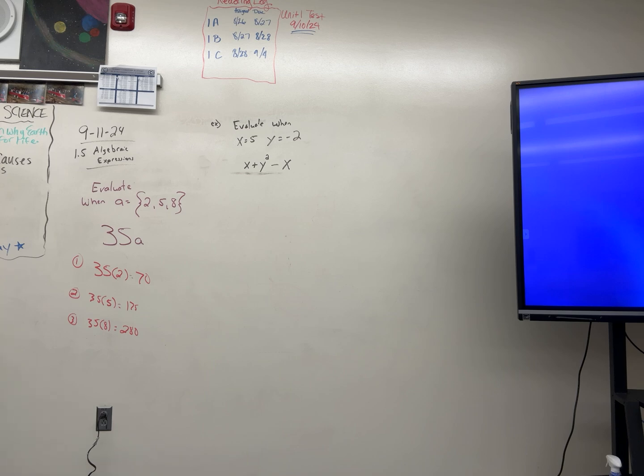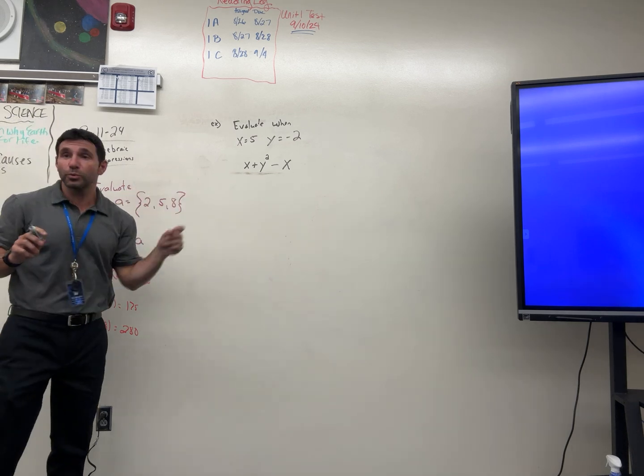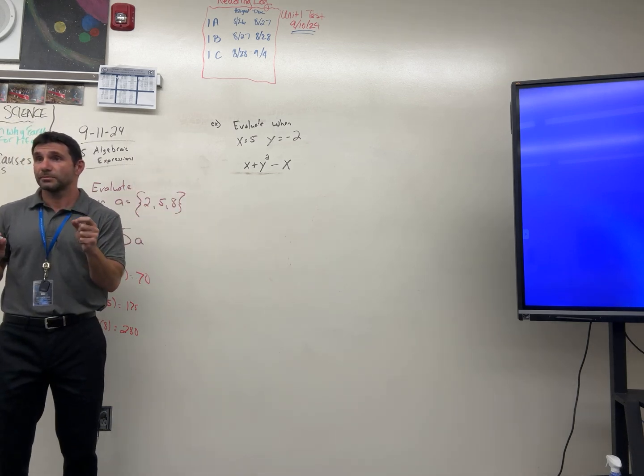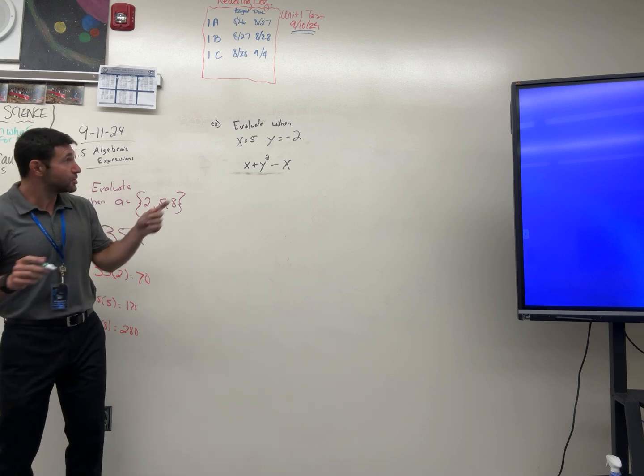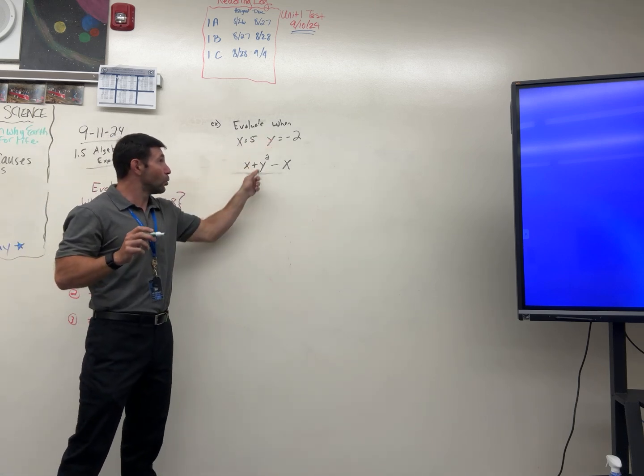Okay, relatively easy. But let's talk about it. The first step is we have to rewrite it by doing what? What's the S word that we have to do? Substitute in. X is 5, y is -2.